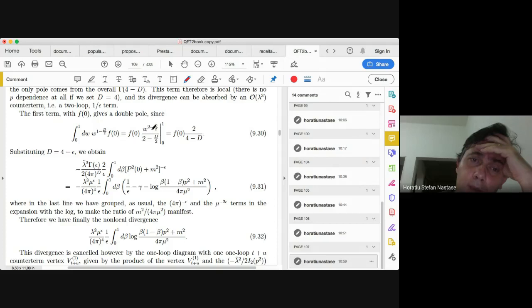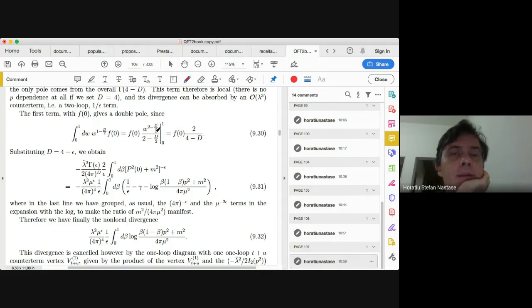One to the power minus epsilon over 2 is still 1. So it's 1 over epsilon, okay. But 0 to the 0, on the other hand, is divergent.